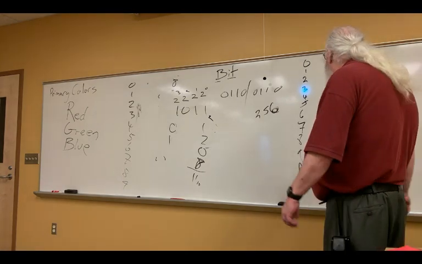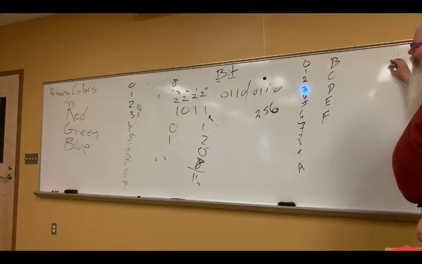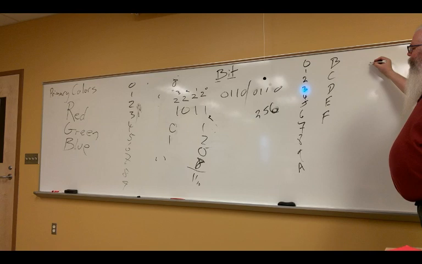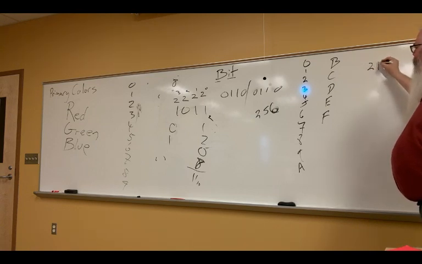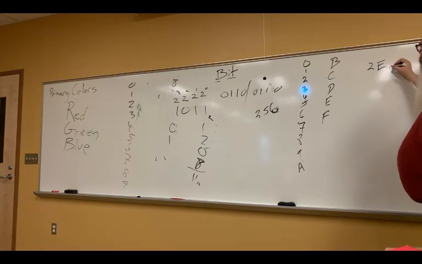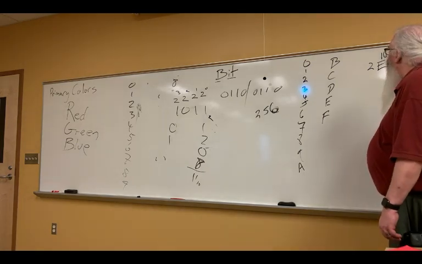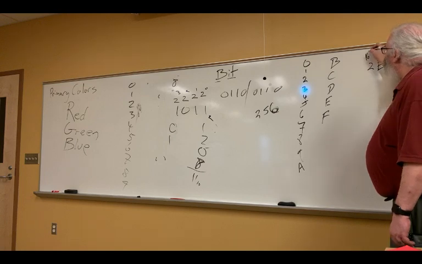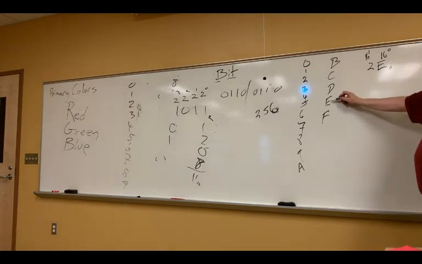Okay, and if we were going to write something in base 16, let's do something that's not going to kill my brain. Let's do 2E in base 16. So we're going to translate this 2E in base 16 to base 10 so we know what this is. So we say 16 to the 0 power, 16 to the first power. Anything to the 0 power is 1. We know that E is the same as 14.